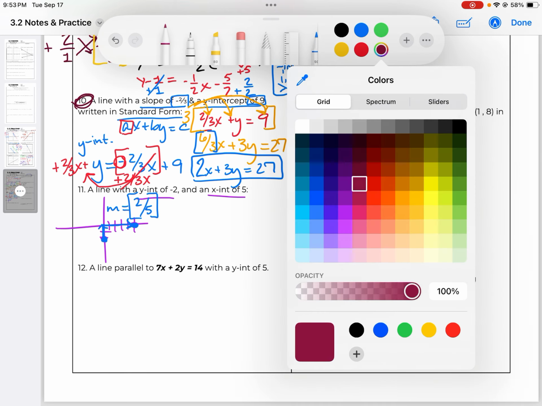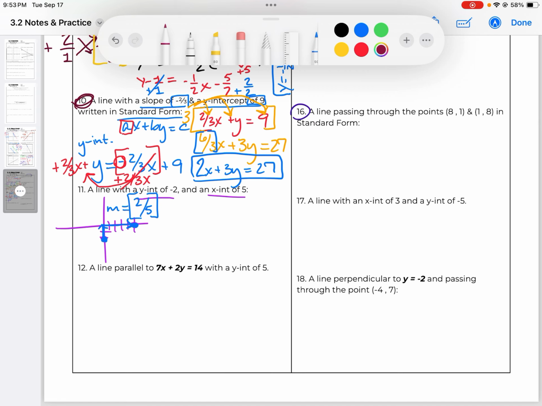Now that I have the slope and I have the y-intercept, I can write this in slope-intercept form, which is what it said to write everything in unless otherwise stated. So y equals mx plus b.